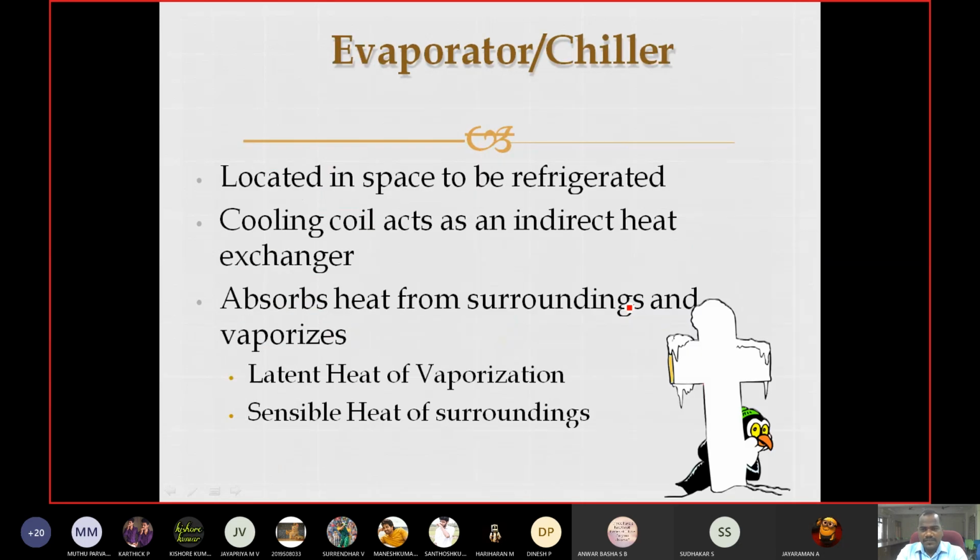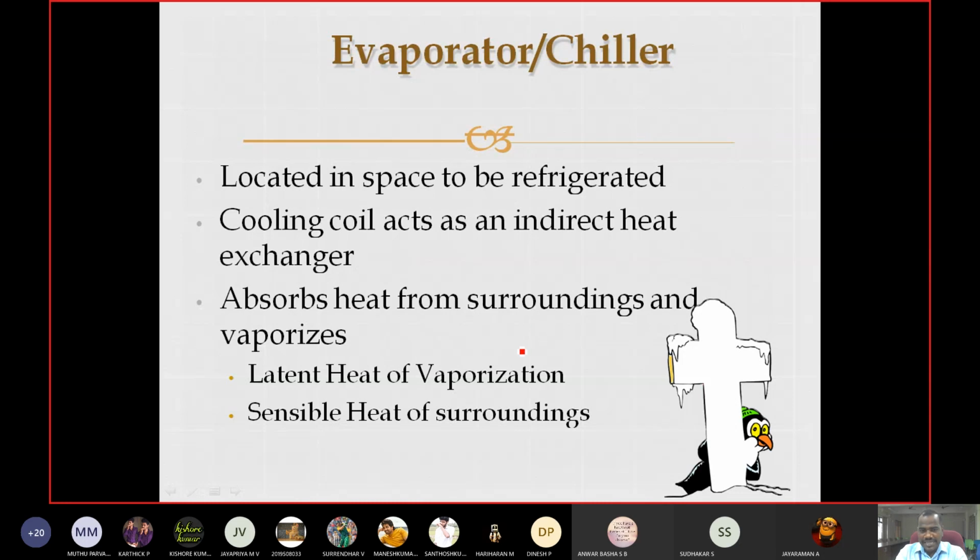Then we can go one by one. We know what the evaporator is. It is located in the space to be refrigerated, that is inside the fridge. Cooling coils act as an indirect heat exchanger. This will absorb heat from the surroundings and vaporize the refrigerant.